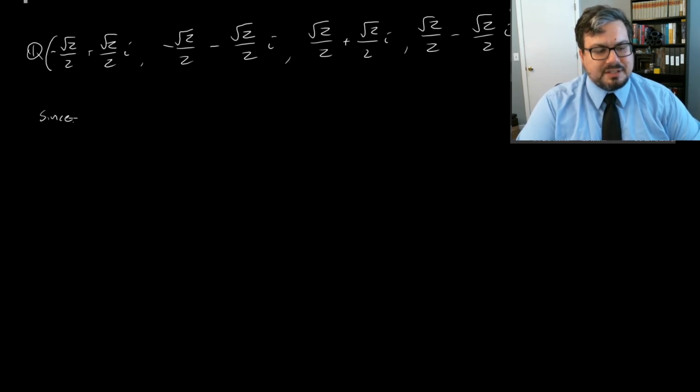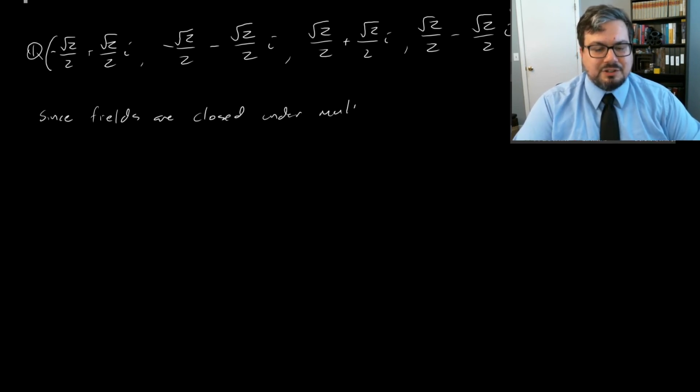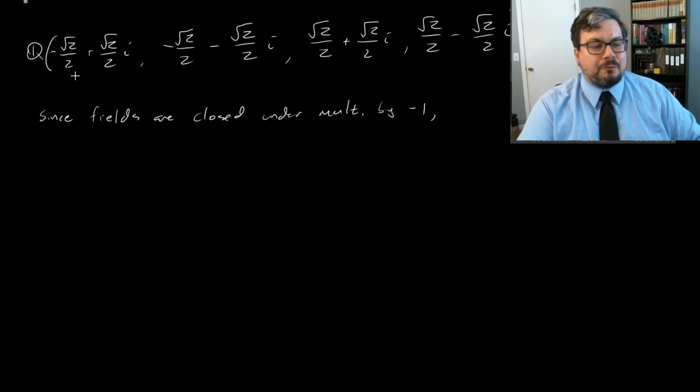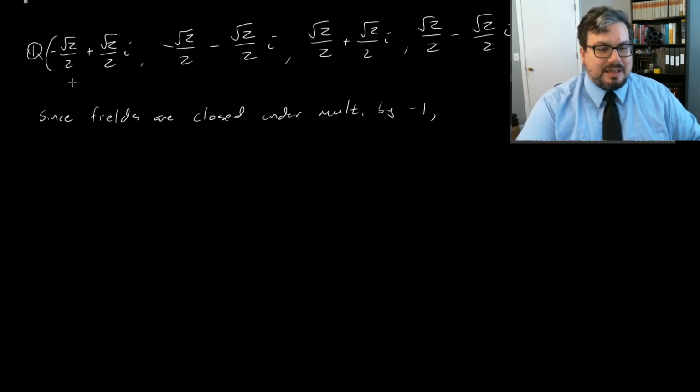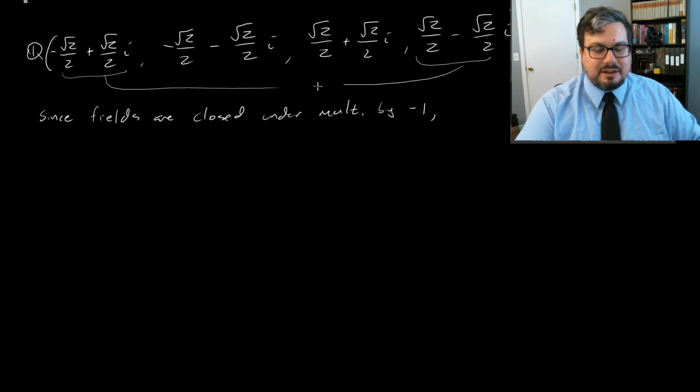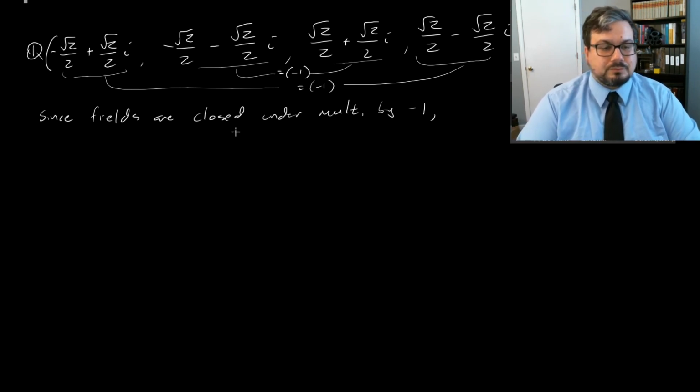So for instance, we could say since fields are closed under multiplication by −1, we don't need the first generator here because it's just the negative of the last one. So we don't need both of these because they're just equal after multiplying by −1. And similarly for the second and third ones, these are just equal after multiplying by −1.